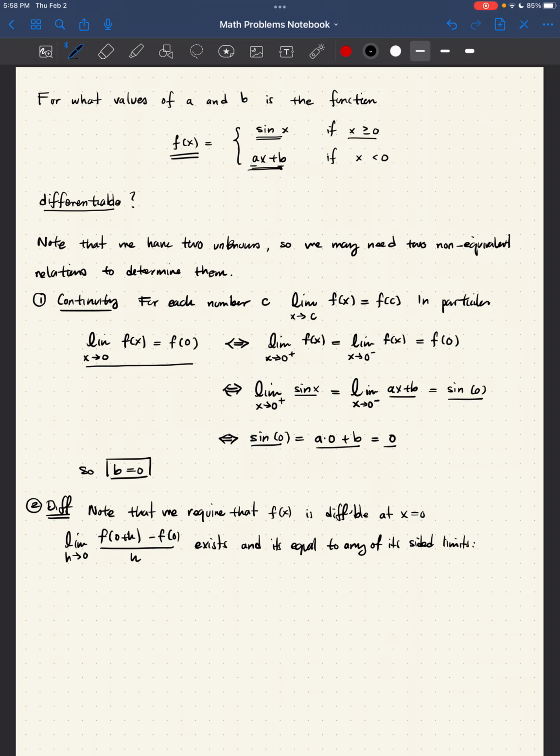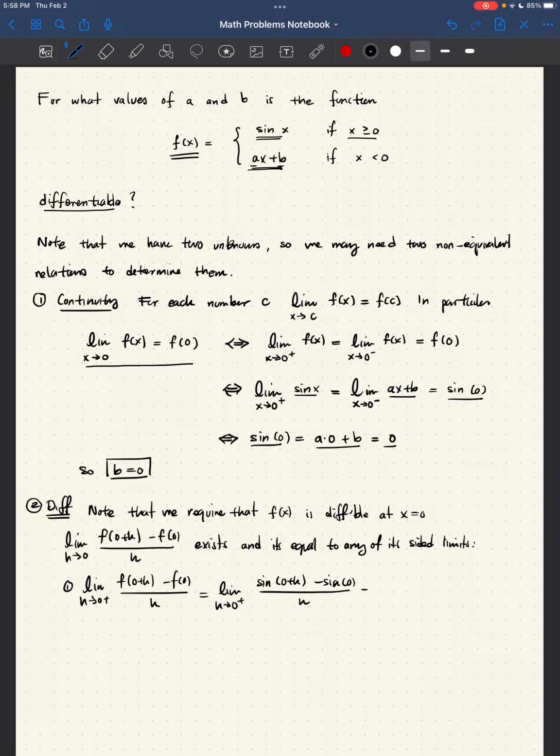First, the limit as h tends to 0 from the right of f of 0 plus h minus f of 0 over h should be equal to the limit as h tends to 0 from the right of sine of 0 plus h minus sine of 0 over h.